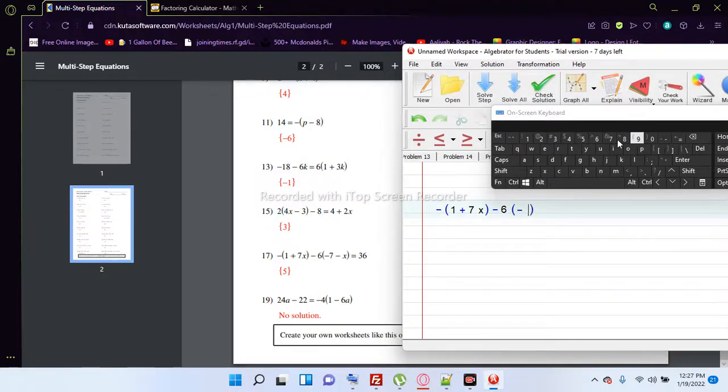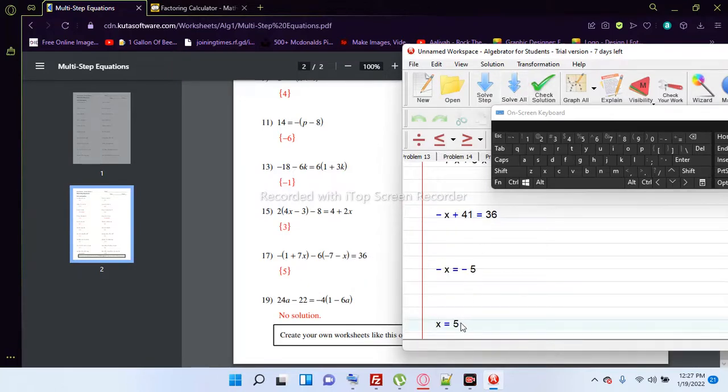Outside parentheses equals 36. Double check: negative 1 plus 7x minus 6 inside the parentheses, negative 7 minus 7x outside the parentheses equals 36. Okay? Solve all. X equals 5. There it goes. X equals 5.